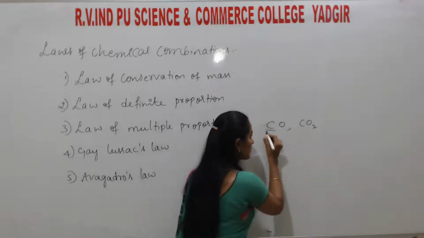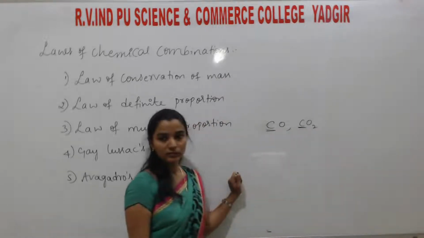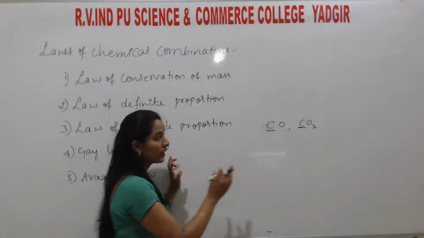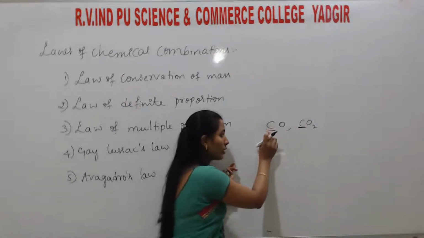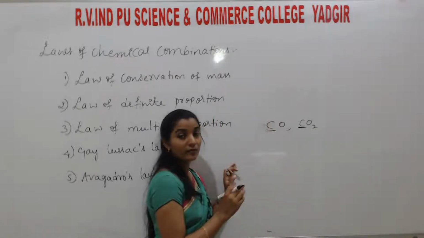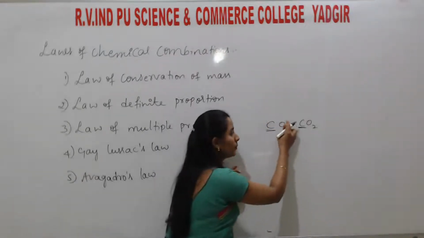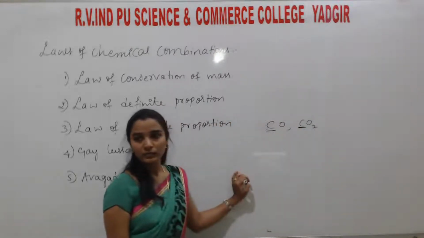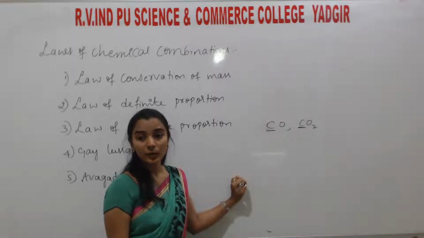Here the proportion of C is constant. That is definite proportion. What is multiple proportion? In any compound, the composition of one element is kept constant, which is combined with different proportions of another element. Here 1 mole, here 2 mole. Understood? This is multiple proportion.